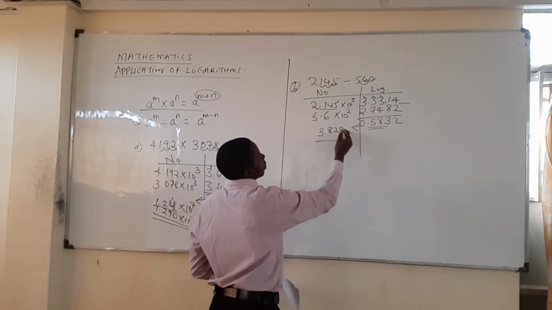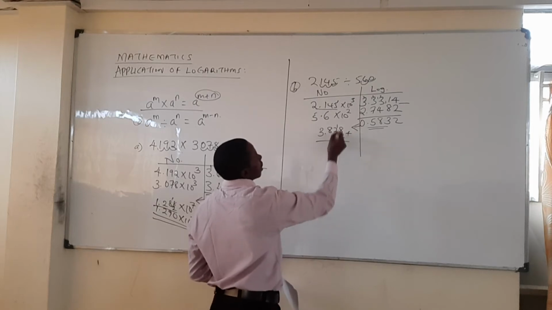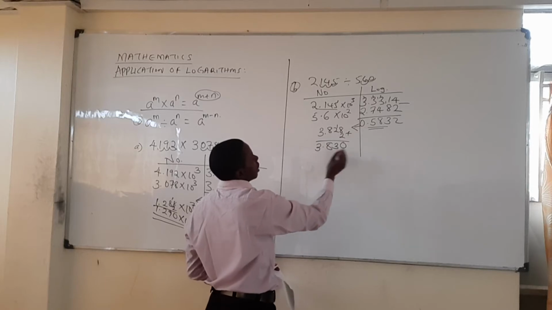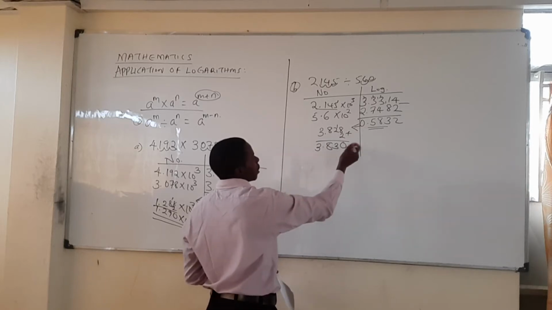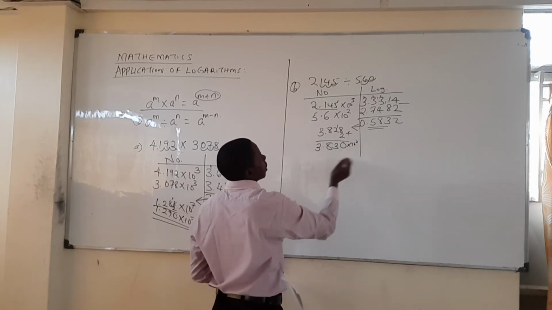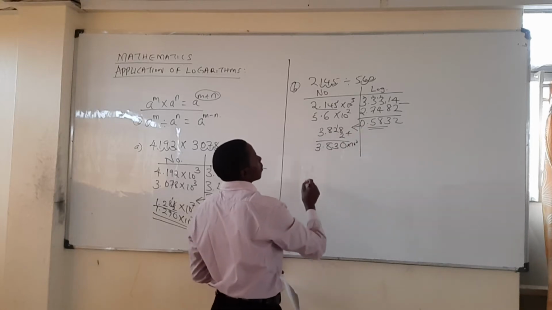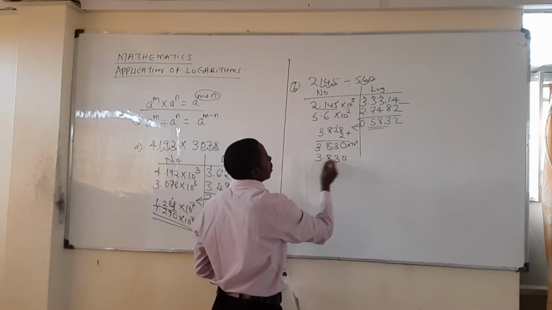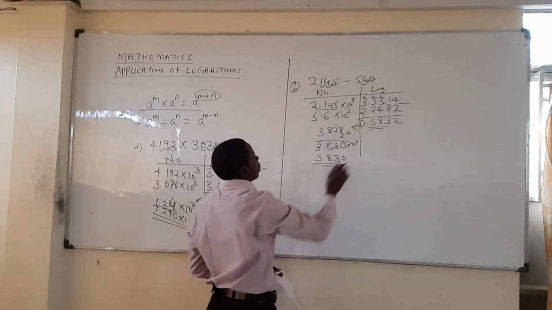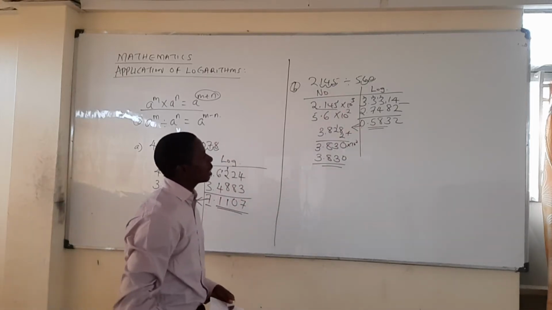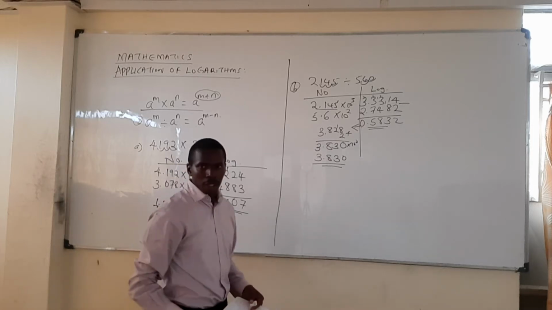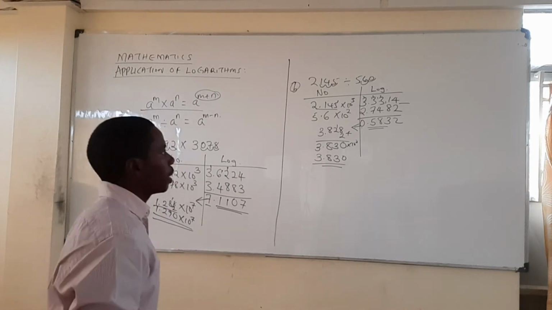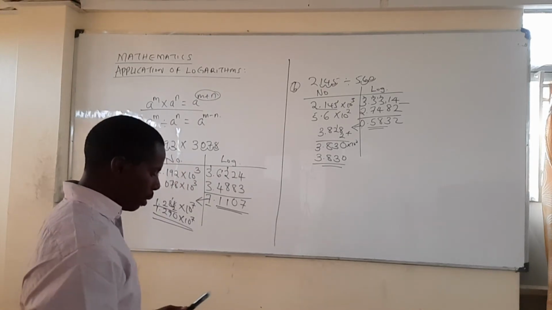We add the 2, get 8 plus 2, 10, so 3.830 times 10 power 0, which is the same case there for that power. And so this is 3.830. So when you divide these two, you are going to get 3.830 when we are using the logarithms.